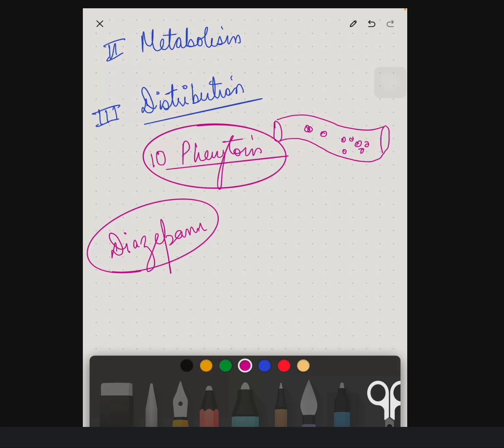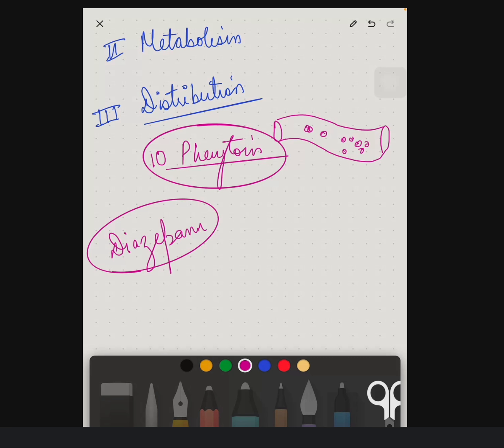Examples of drugs which have a narrow therapeutic index are lithium and digoxin. So this is an example of how during the distribution phase there can be drug interaction.